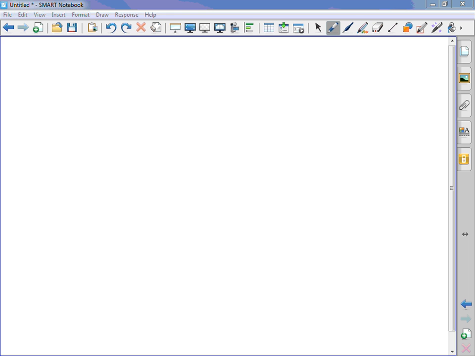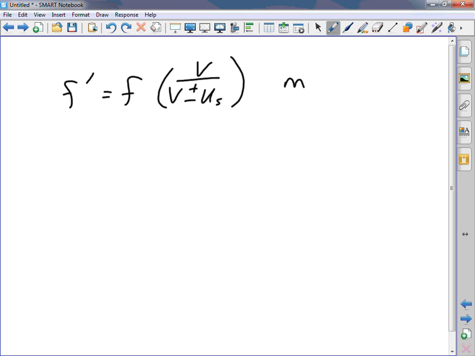So the equations that I want you to use: F prime equals F, F prime being the new shifted frequency, the apparent frequency that you've got. F prime equals F, the actual frequency, times V over V plus or minus U sub S. This is for a moving source.